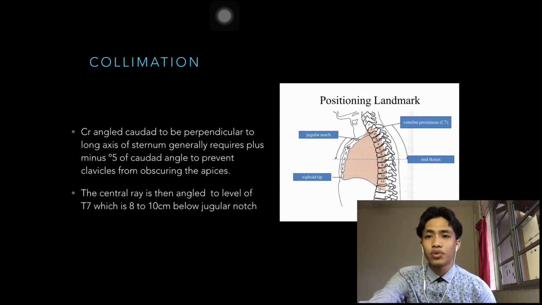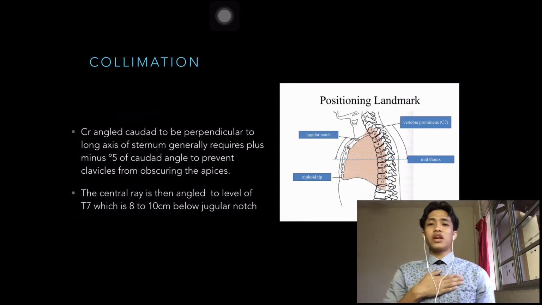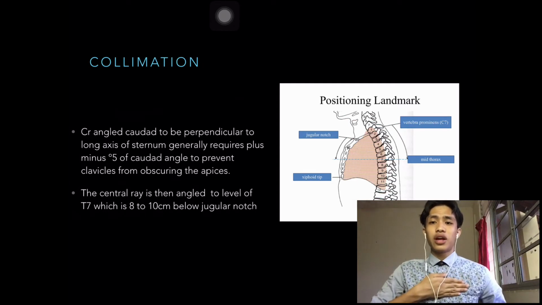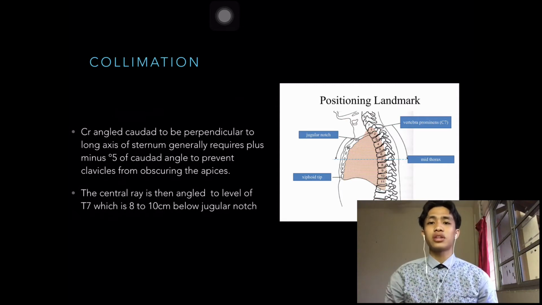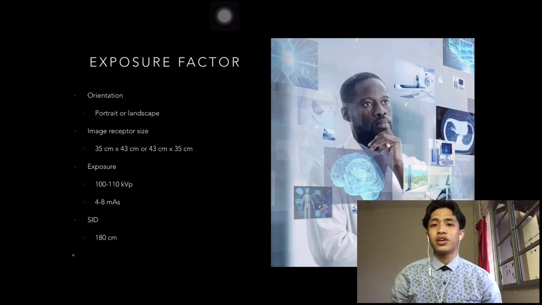This one is very important to project AP chest erect. The central ray is then directed to the level of T7, which is 8 to 10 cm below the jugular notch. So 8 to 10 cm right here is our T7, and that is our central ray. Before we shoot our projection, we must check the central ray.